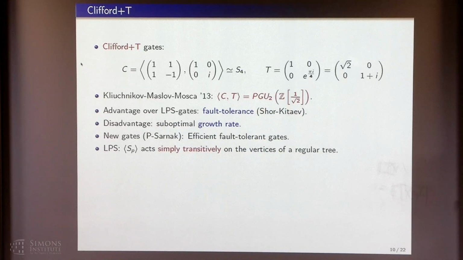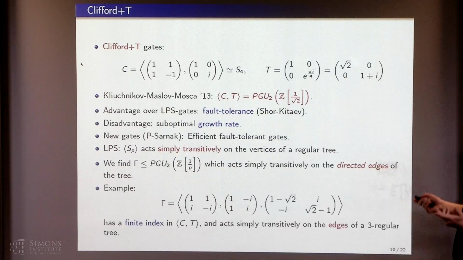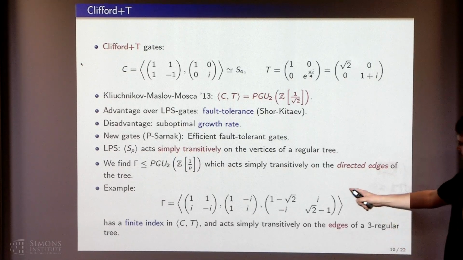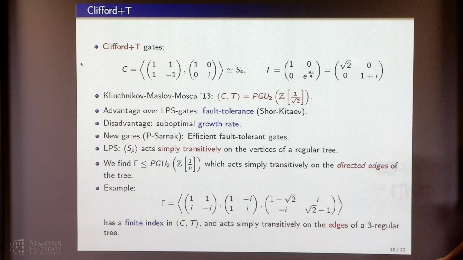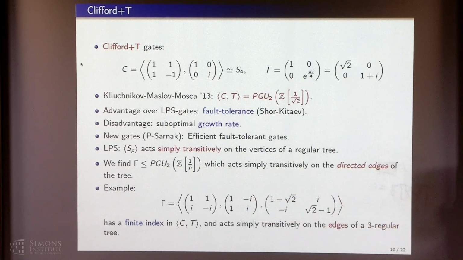These are classical results. And what we do is we find an arithmetic group which acts simply transitively not on the vertices of a tree, but on the directed edges of a tree. And here's an example. This is a group generated by 3 elements. And it acts simply transitively on the edges of a 3-regular tree.